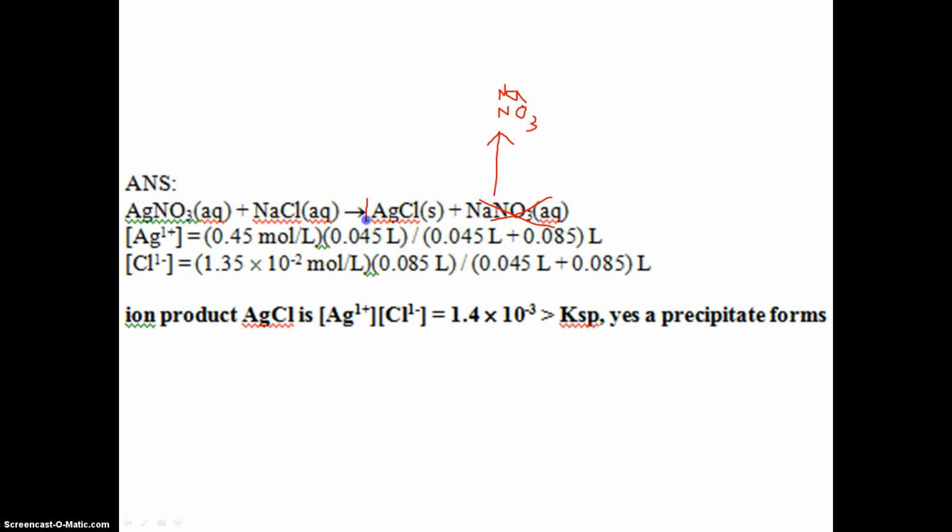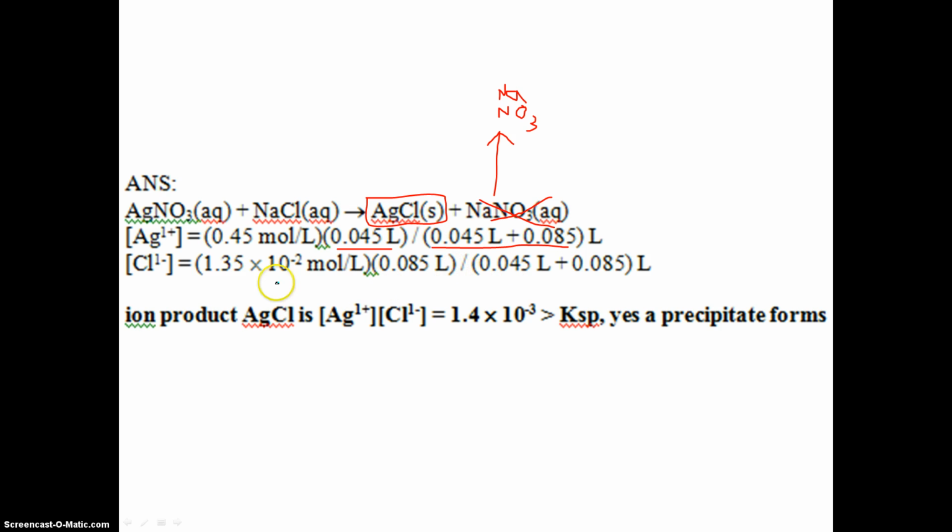So the one that we want to focus on here is our precipitate, AgCl. So this question right here, you have 0.45 moles, and this is how many liters it was originally that we're starting with of AgNO3. But because we mixed 2 volumes together, you have to divide it by the total volume after you mix both quantities.